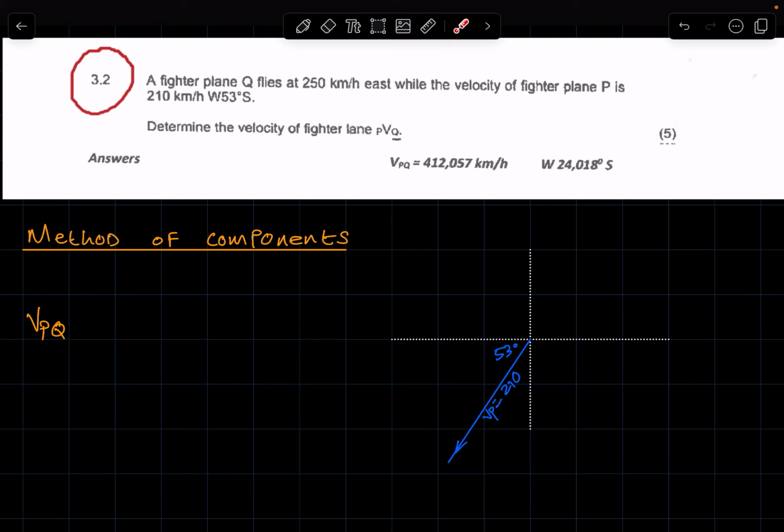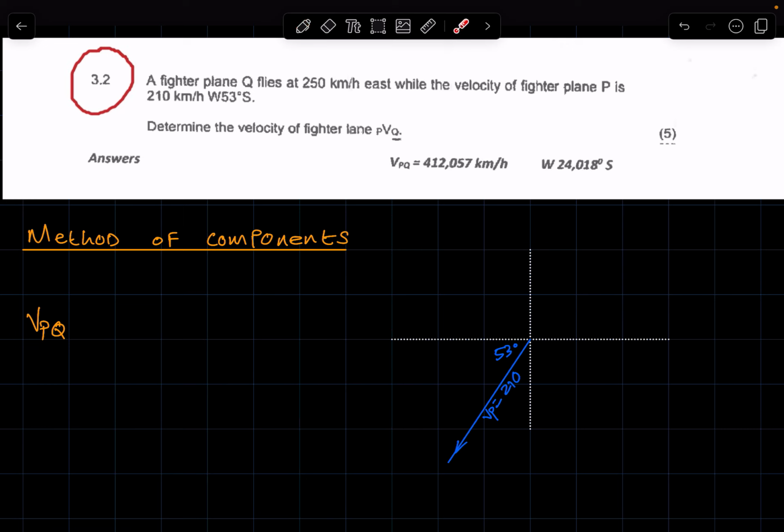Now we look at the frame of reference. The frame of reference for this problem is Q. So Q on the Cartesian plane, we are going to draw in a direction that is opposite the one that's been given.